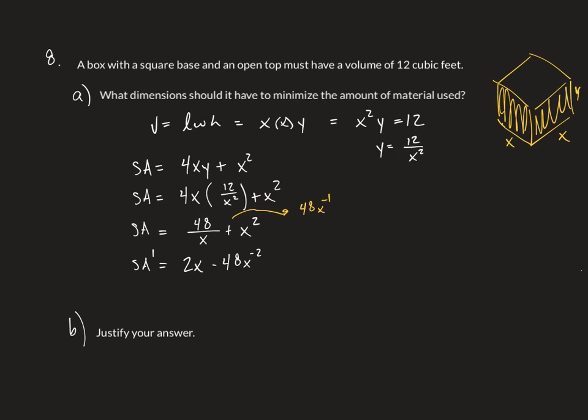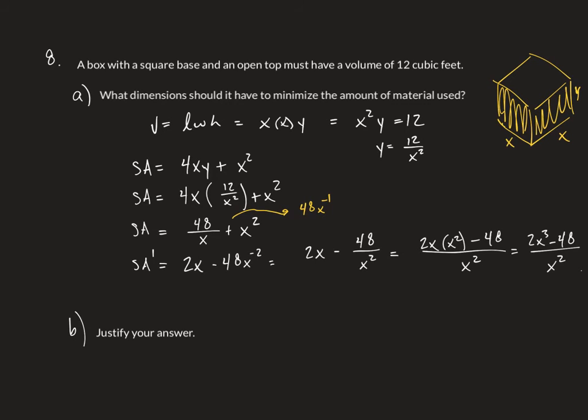Now this is something I could rewrite a little bit nicer, because this is the same as 2x minus 48 over x squared. If I want this all to be over the same denominator, which I'm going to want in a minute, then I'm going to rewrite this as 2x times x squared minus 48 all over x squared, and so I could just write this as 2x cubed minus 48 over x squared.